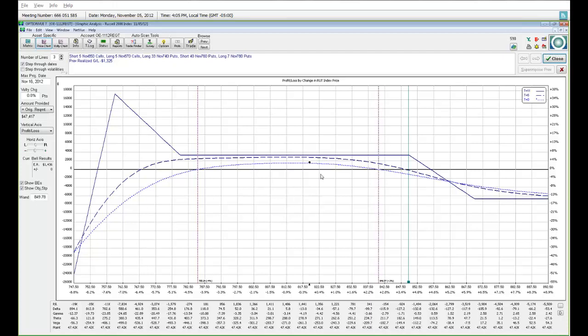As long as the price of the Russell 2000 index stays between 850 and, we can even take it down here, but let's just stop right here, 780, as long as it stays between those 2 points within the next X number of days, we're going to make money.